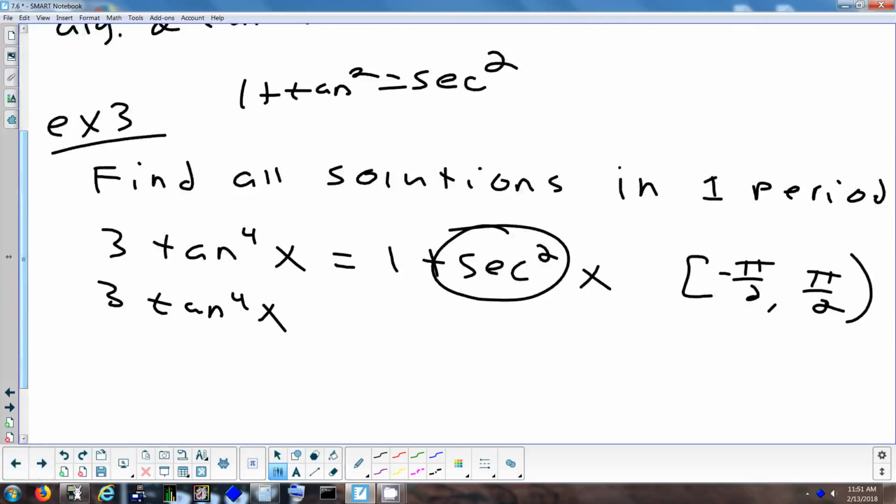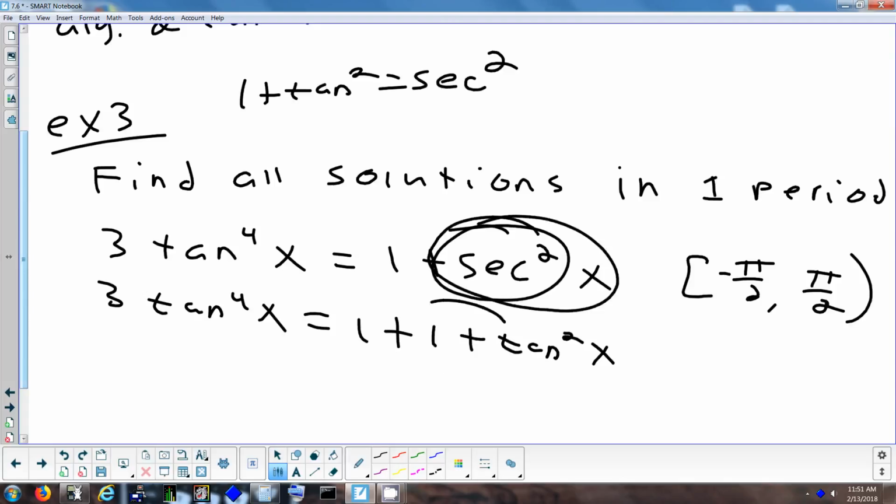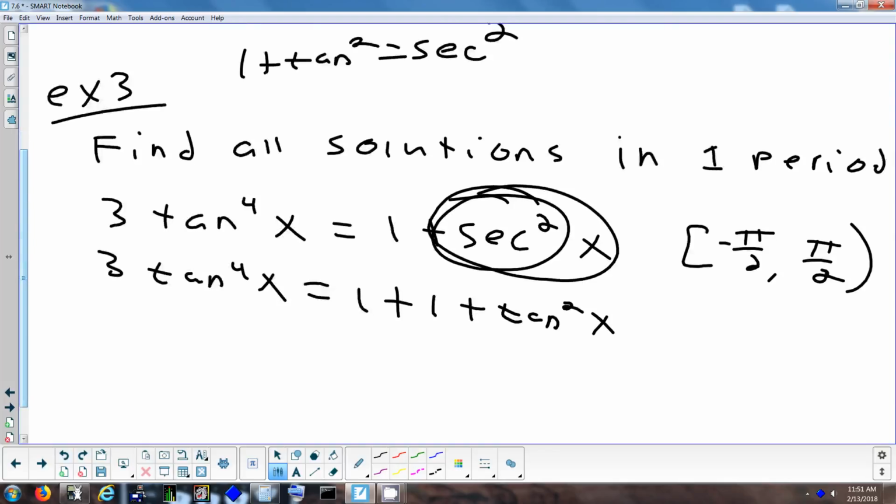Left-hand side stays the same. Secant squared turns into 1 plus tangent squared. So all I did was change what I circled using that identity. What can I do on the right-hand side? Yeah, you can simplify.